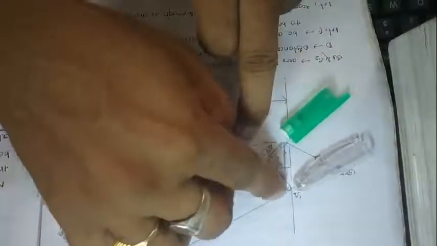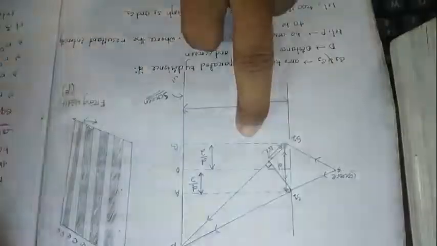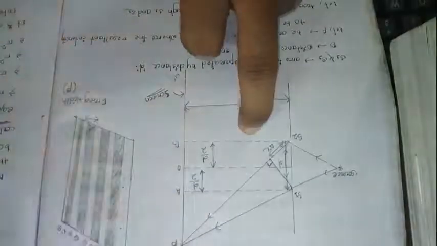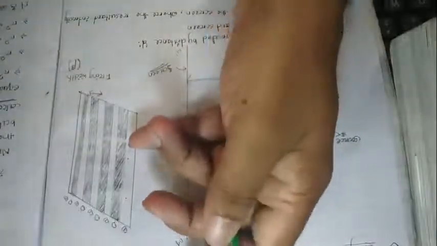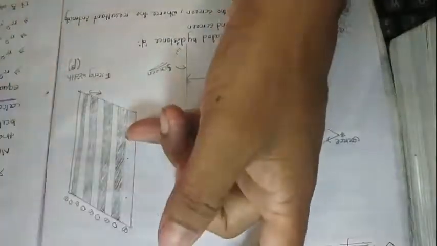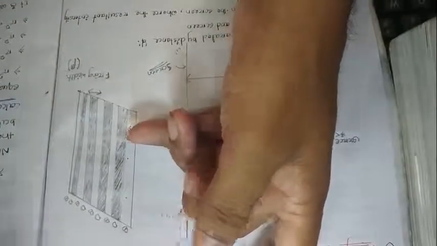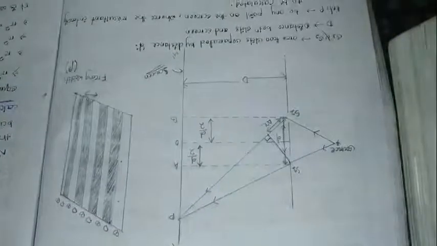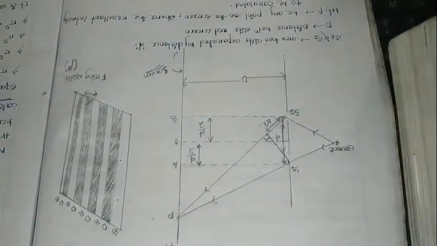The light is coming from here, light is coming from here. So at point P it will be the resultant of both rays or both lights. So at point P the resultant intensity will be the superposition of both rays. Hence at point P we have to consider the superposition of two waves.